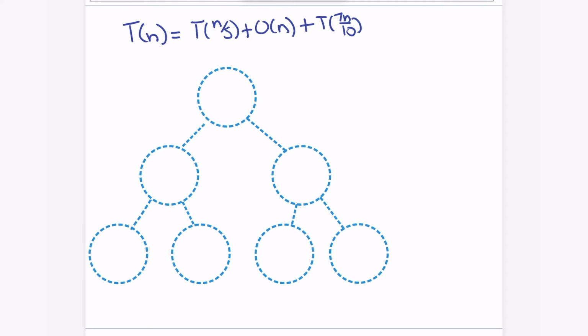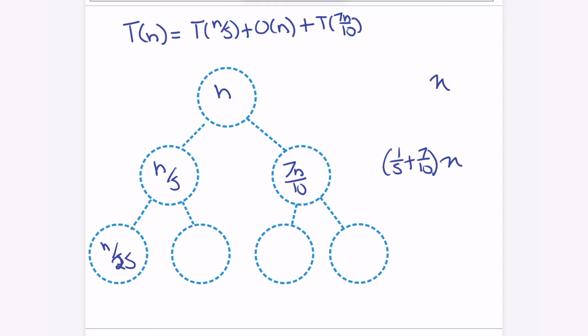And when you start plugging this in, you're going to get 1/5 plus 7/10 times n. I guess I should do this.